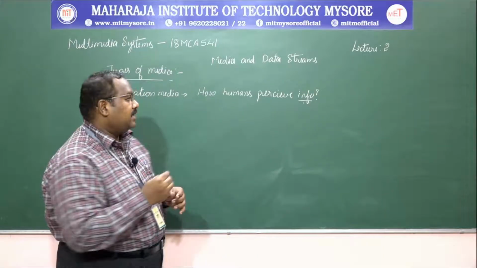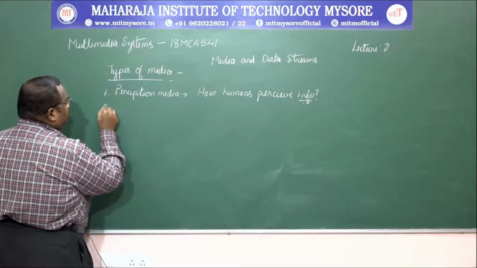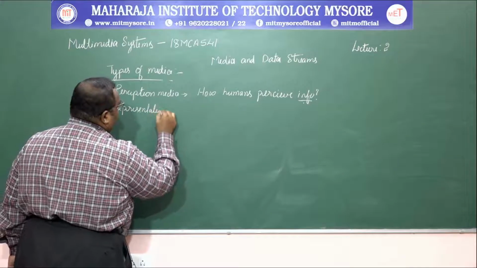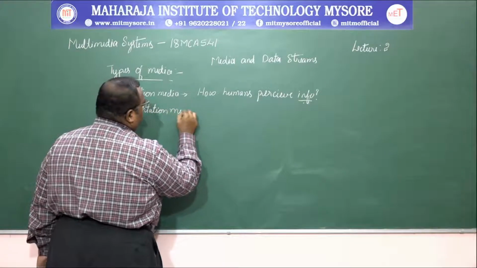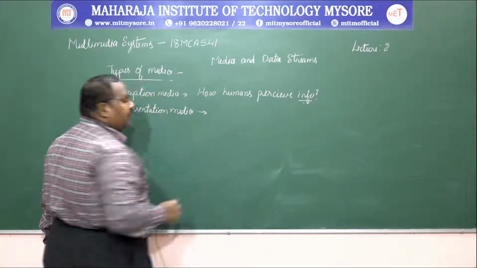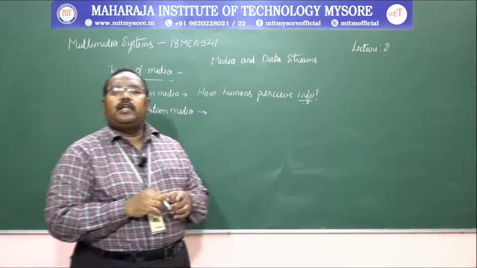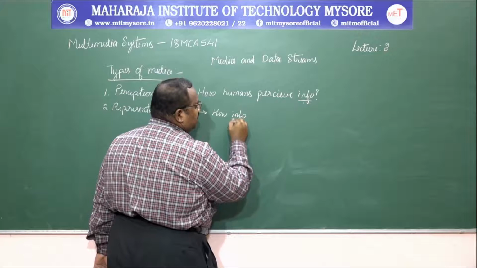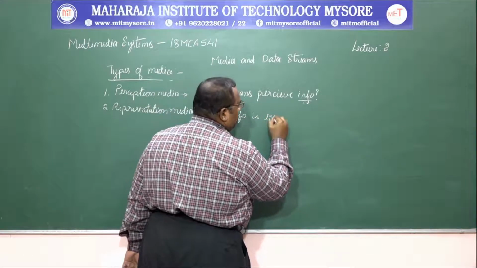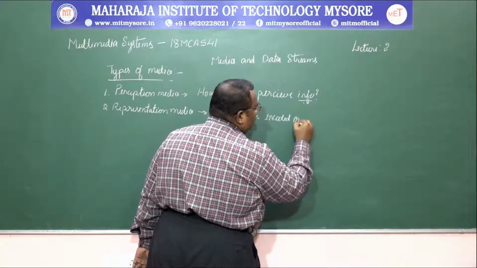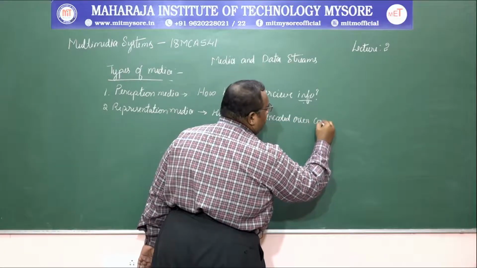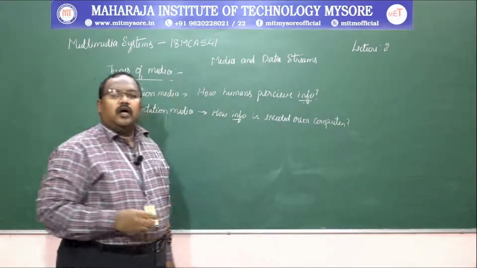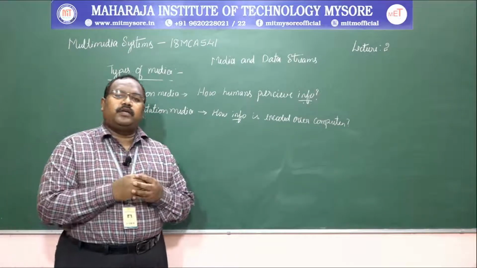The second one is representation media. When we talk about representation media, here we deal with how information is encoded over the computer, that is, how information is represented through the computer.